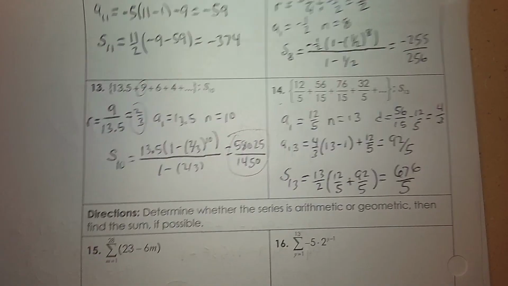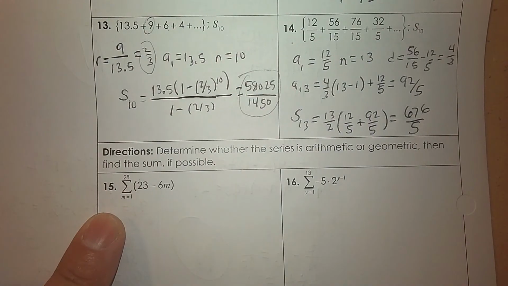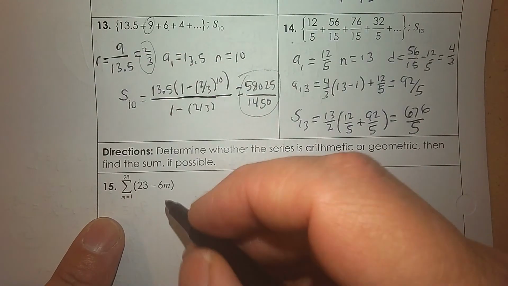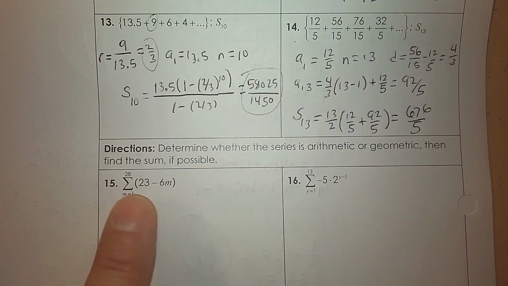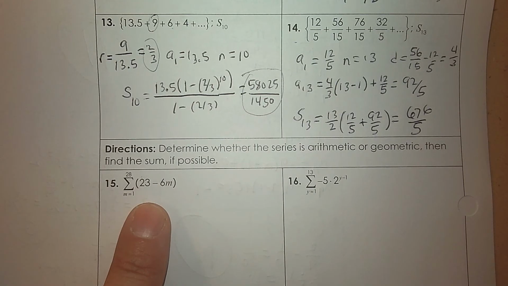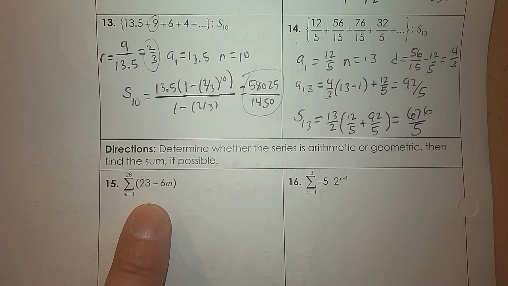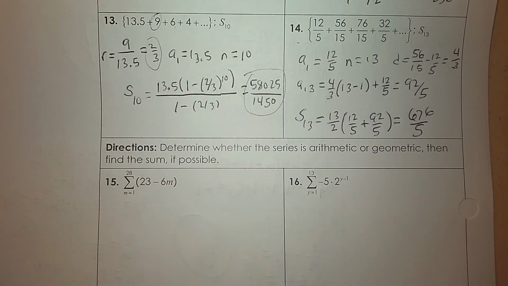So number 15. Jessica, do you know if this is a situation that's arithmetic or geometric, this sum notation? Or do you want me to help you? So, I want you to go back and try not to talk over me.